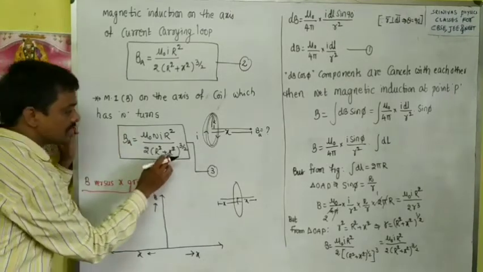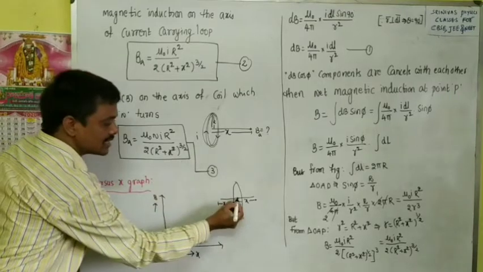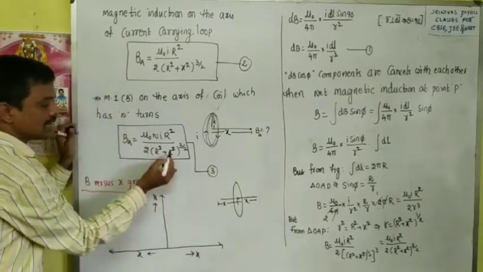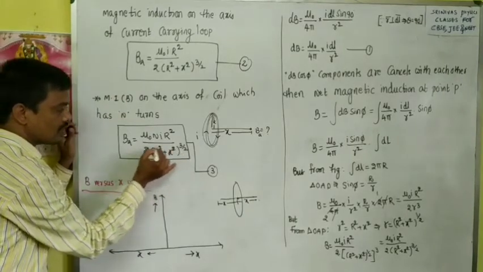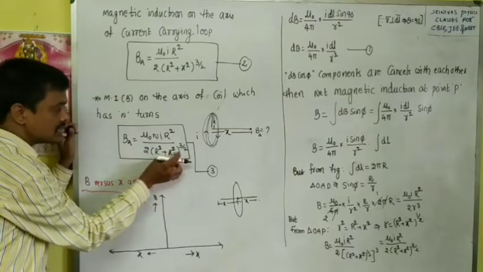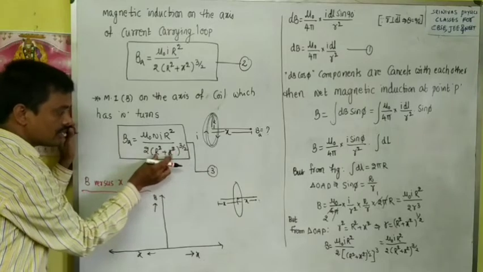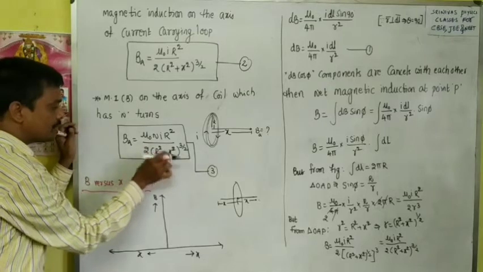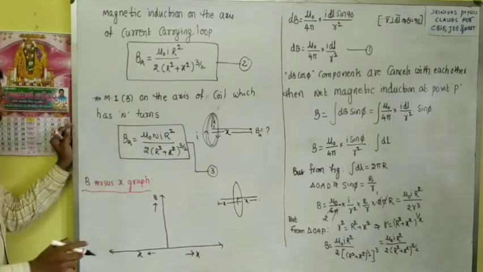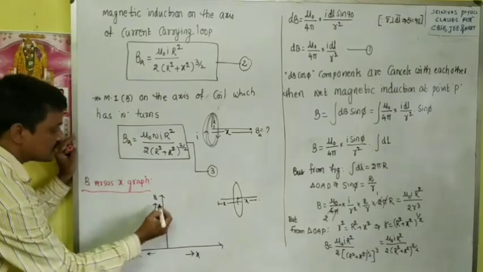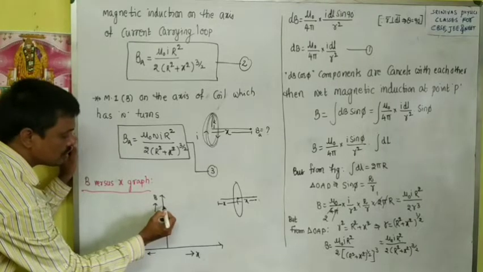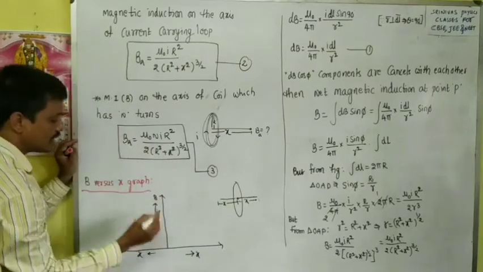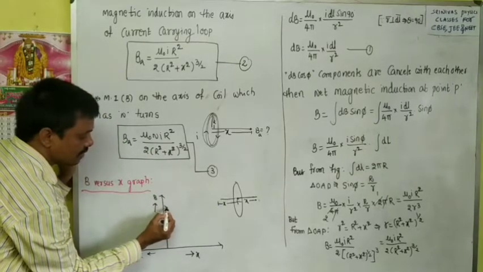That means at the center X is 0, and this term is minimum. When the denominator is minimum, the magnetic induction is maximum. So magnetic induction at X equal to 0 is maximum, and when you increase X, B decreases. We will get the graph like this.